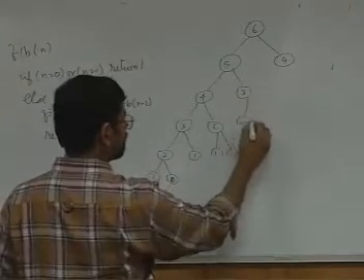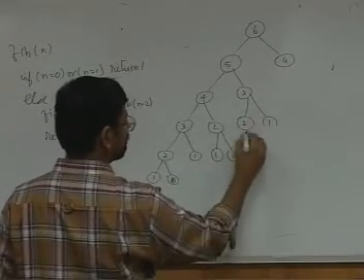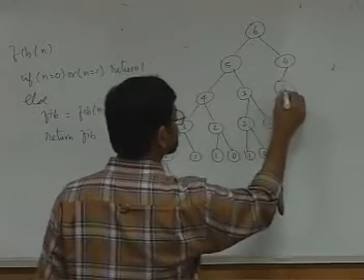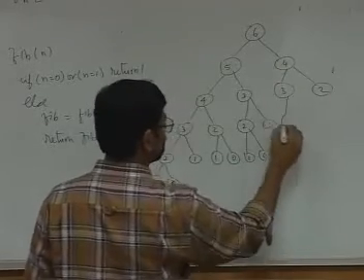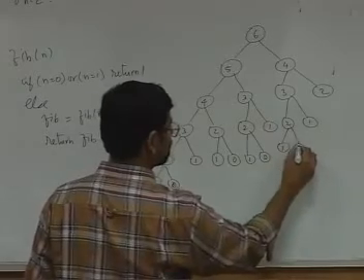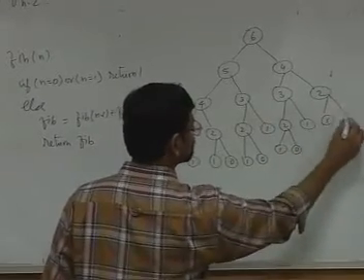And again 2, 1, 1, 0, and here begins 3, 2, 2, 1, 1, 0, 1, 0.